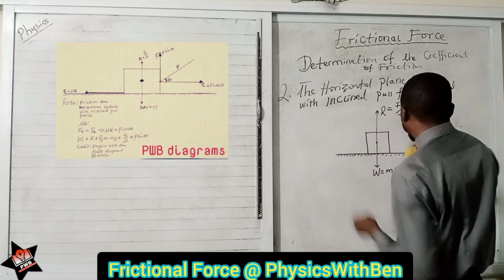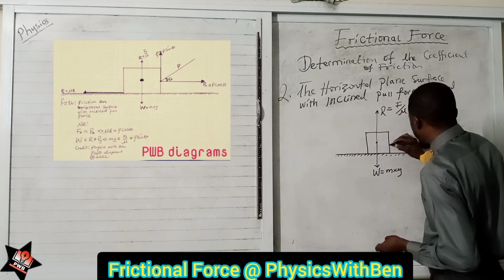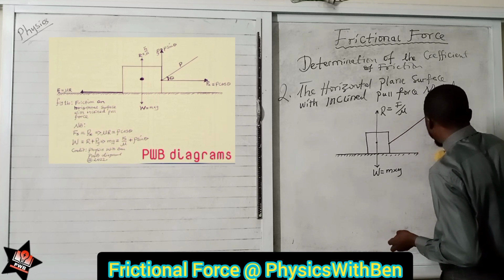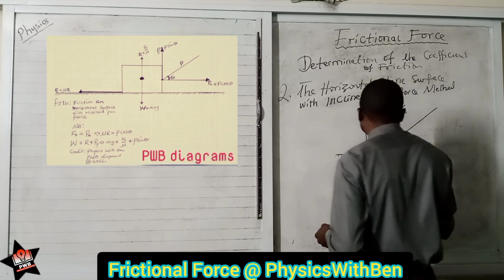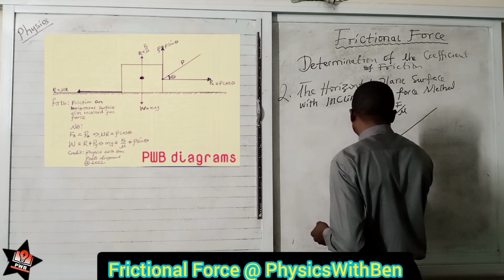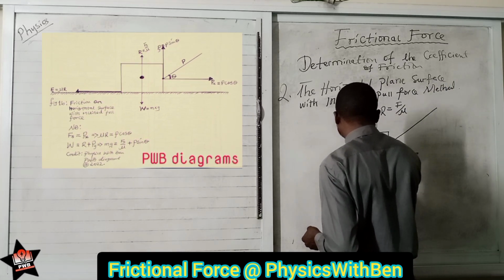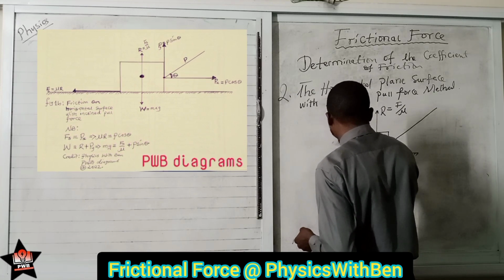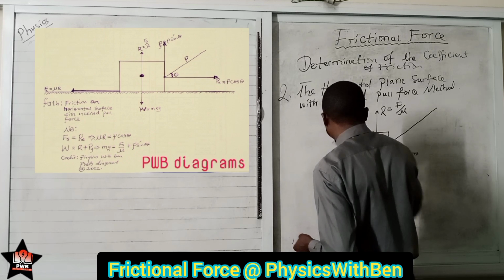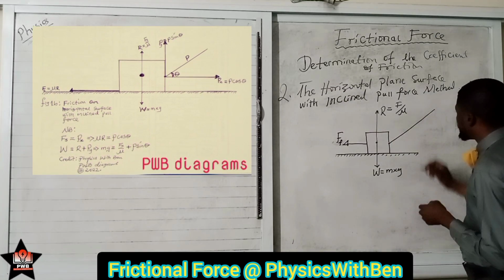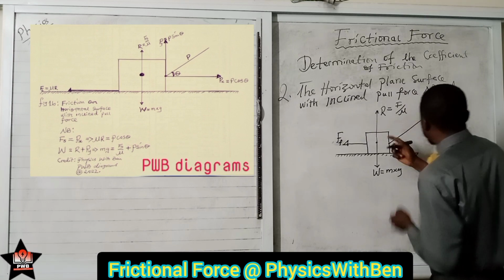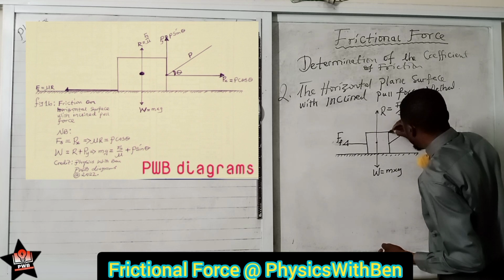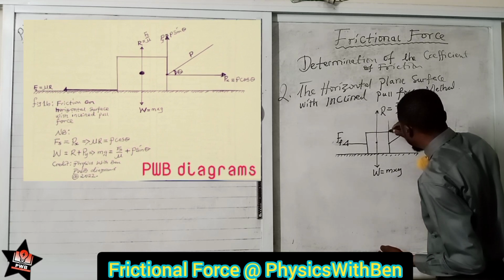So if you pull this at this angle, know that the frictional force will also act this way. So this is your FF, frictional force. If you pull this way, there are two forces acting in this direction.